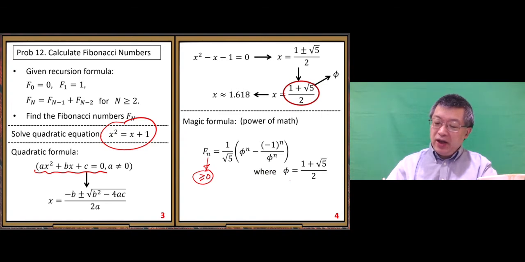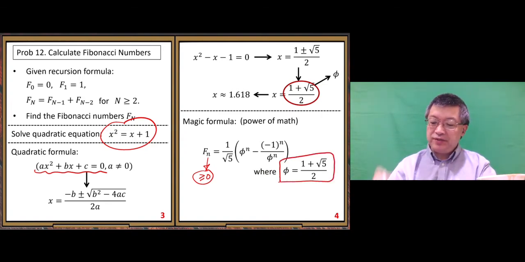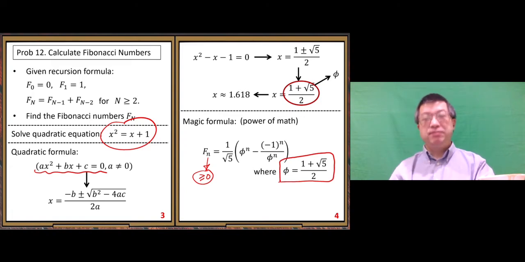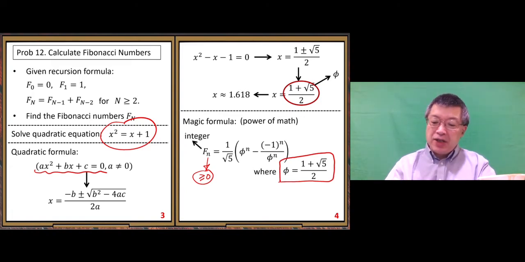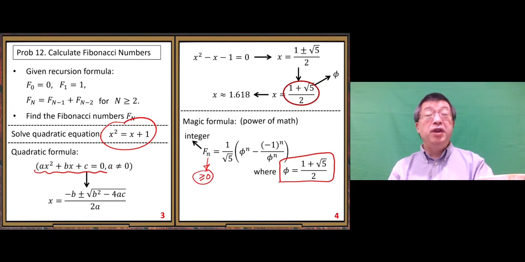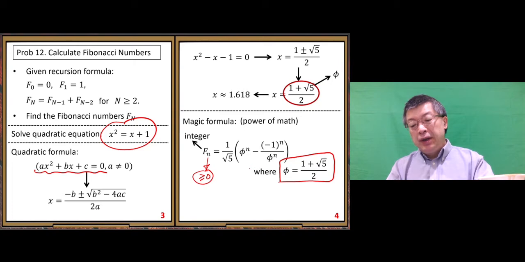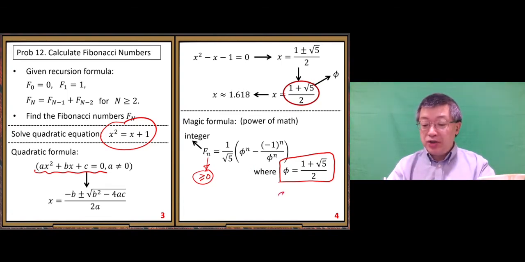Definitely, you need to use phi in this expression. Here you can see the left-hand side is an integer. Any Fibonacci number is an integer. But when you look at the right-hand side, you cannot believe it could be an integer. Phi is an irrational number, not rational.